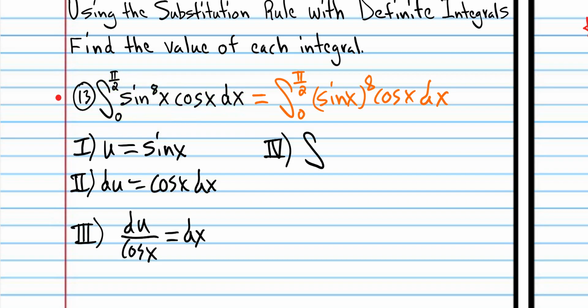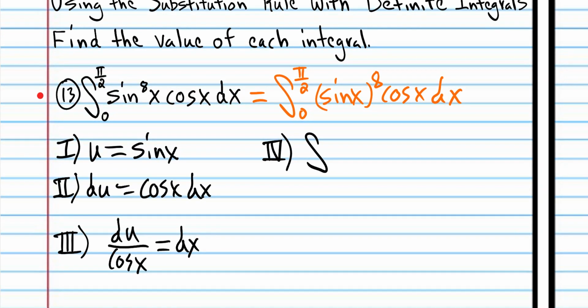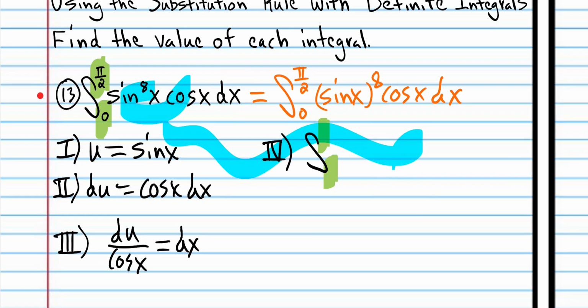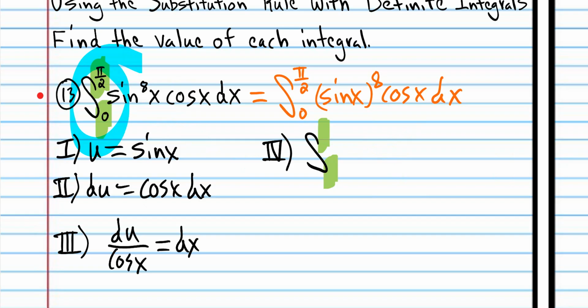And the reason I'm going to do it that way is because we can't use the same limits of integration if we change to a different variable. If we change from what we call a dx integral to a du integral, meaning from x's to u's, we can't use the same limits of integration because these limits are x values.